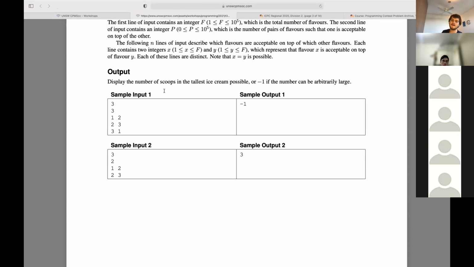Okay. So as written, it's quite hard to think of how we would make ice cream scoops. We could just try. We could put 1 at the bottom, and then see what we can put on top of 1. But there can be many options, and there's no immediate way, I think, to think about how we can build ice creams.